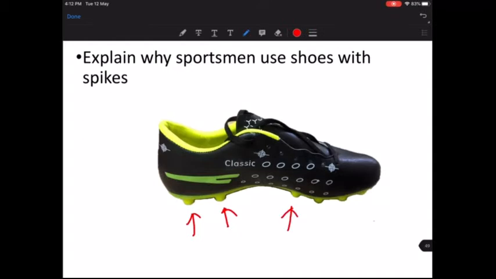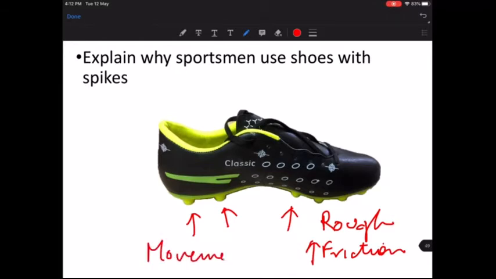spikes? They use spikes because the spikes will make the surface rough. Fine. So what happens when the surface is rough? When the surface is rough, then the friction will be very high. And when the friction is very high, your movement is going to be very, very low.